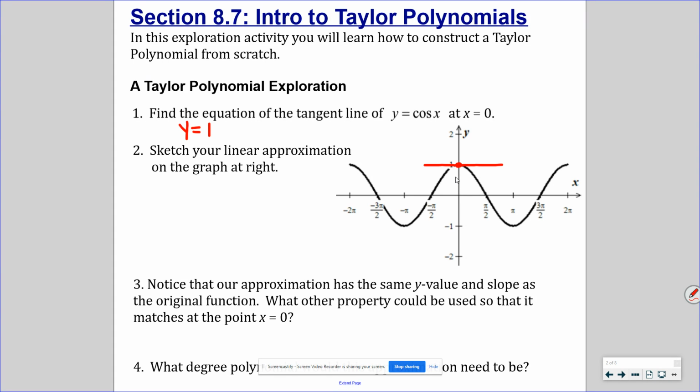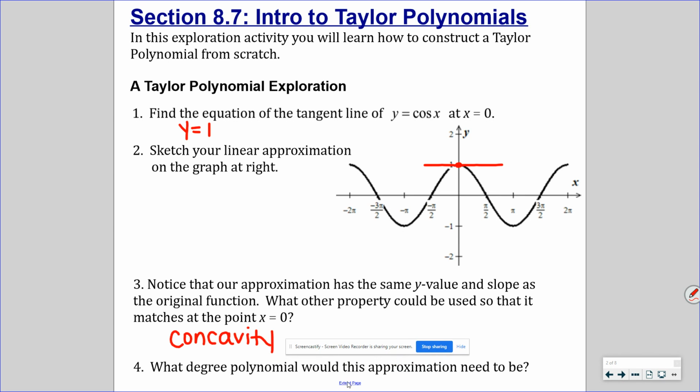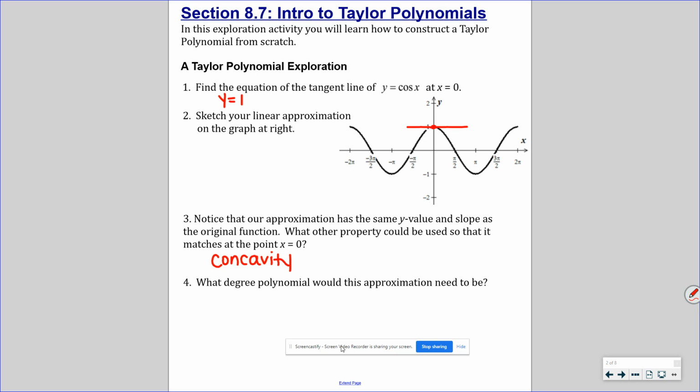So what other property could be used so that it matches at the point x equals 0? We could also use concavity to get a better idea, which we're not seeing so much here because our tangent line is horizontal, but that won't always be the case. What degree polynomial would this approximation need to be?